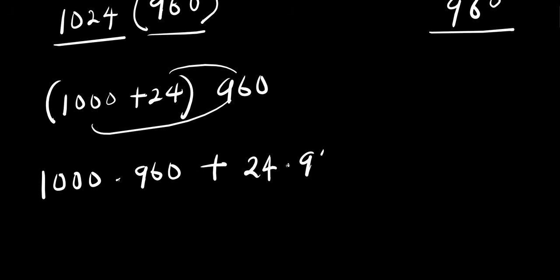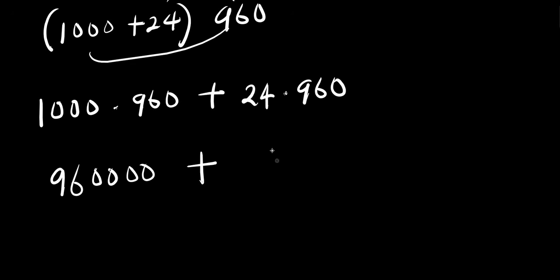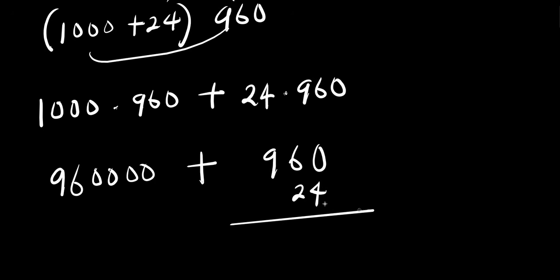So 1000 times 960, this is 960,000, plus 24 times 960, that is 960 times 24.